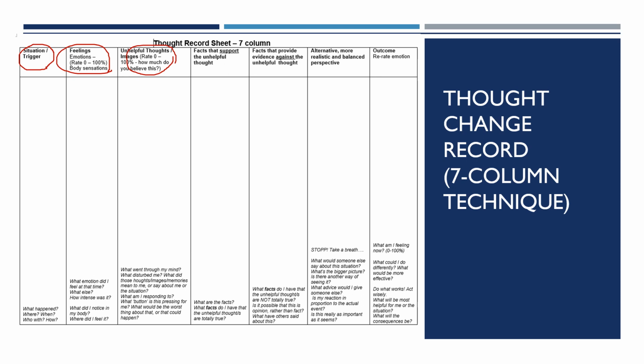In the next column, you write what would be some evidence against the unhelpful thought you have. And in the next column, you write down some alternative, more realistic and balanced thoughts that you can have about that same situation. And then you re-rate your feelings at the end to assess how this process produced some different outcomes.